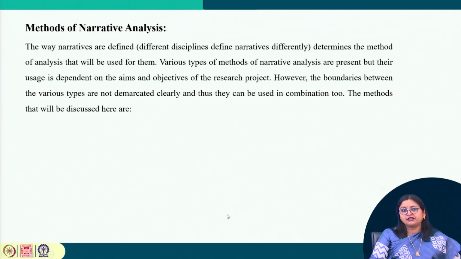So, on the method of narrative analysis, the way narratives are defined differs, as different disciplines define narratives differently, determining the method of analysis that will be used for them. Various types of methods of narrative analysis are present, but their usage is dependent on the aim and objective of the research project.